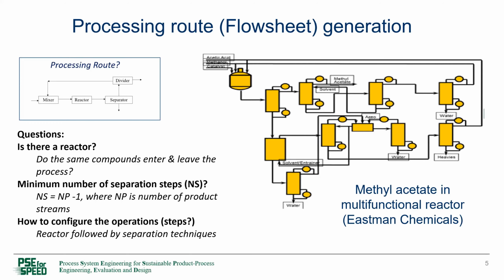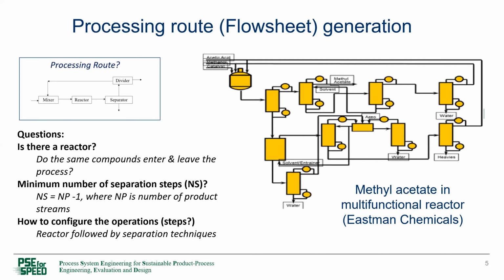So after the reactor, we need to know also what is the minimum number of tasks that need to be done, processing steps. So that will be the number of products minus 1. So if there are 4 chemicals coming out and we want all 4 chemicals pure, then 4 minus 1 would be the minimum number that we need.